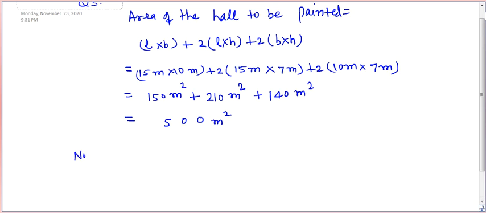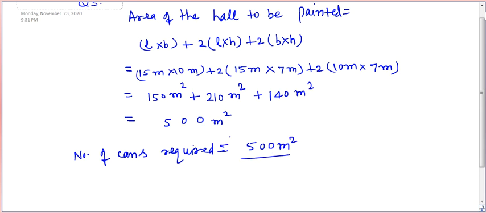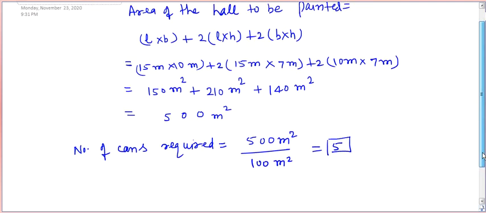So just write number of cans required equal to 500 square meter divided by the area that is painted by 1 can. So it is equal to 100 square meter, that is equal to 5. So students, 5 is the answer of question number 5.